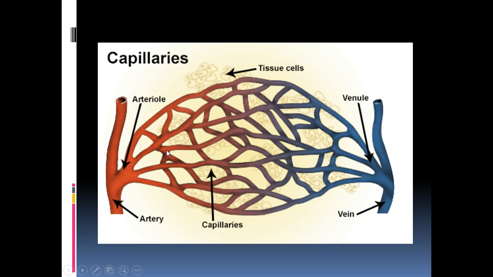Structure-wise, a capillary is made up of single endothelial cells with a lot of tiny gaps that allow the formation of tissue fluid, which we are going to learn later on.